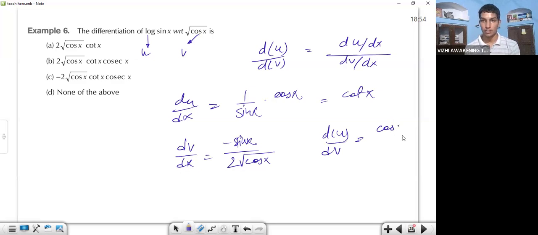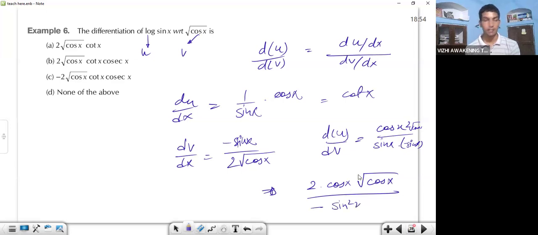Now finding out du by dv, simple: cot x, which let's write in terms of cos and sine x for better calculation, into minus of sine x into 2 into root of cos x, which gives minus sine square x in the denominator. In the question we can see cot x and cosecant x, so let's make it in the form of cot x and cosecant x.